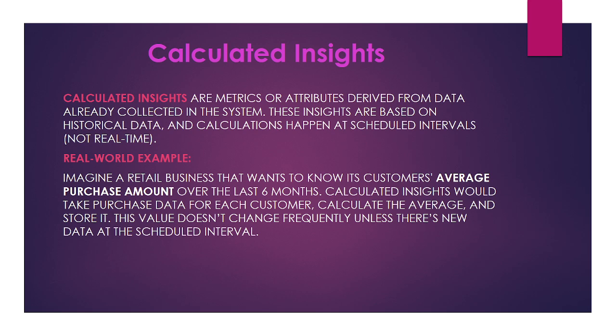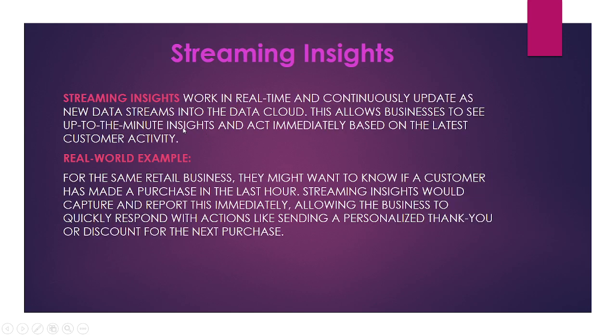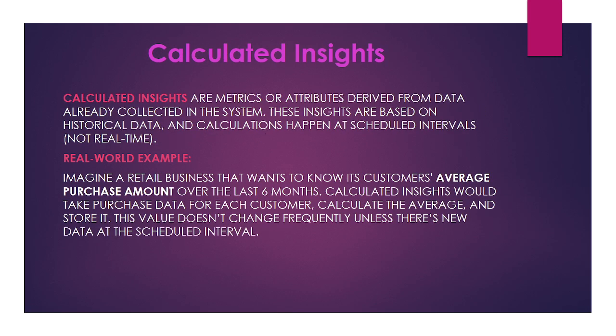So basically calculated insight is based on historical data, and this insight happens at a particular interval. If you know about batch classes, how batch classes run, like we schedule a batch on a daily basis, or after 2 hours or after 3 hours, right?